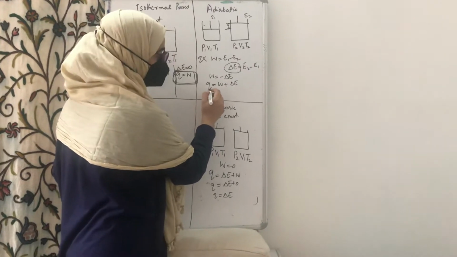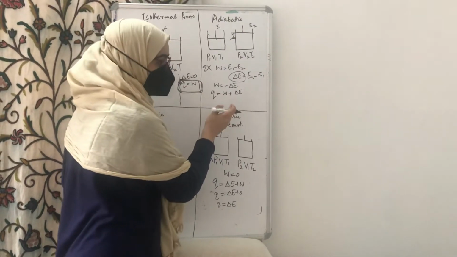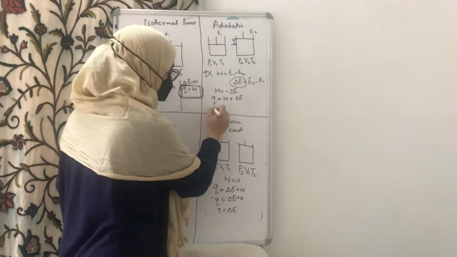And Q here is energy. Is there any supply of energy from an external source? No, so it is 0.